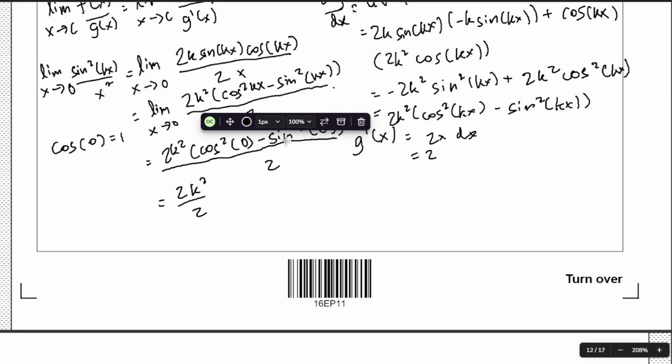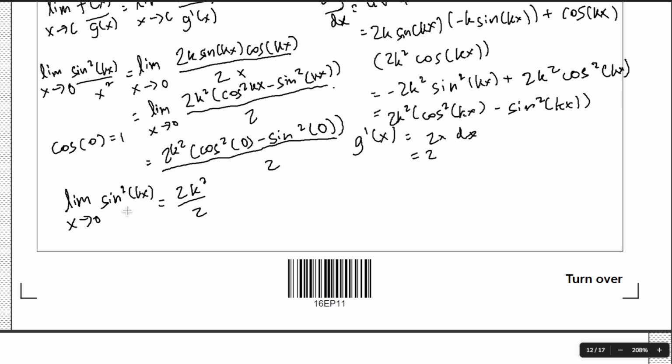So from here we can just add this. Our limit as x goes to 0 of sine squared kx over x squared equals 16 here. So here we just cancel it out.